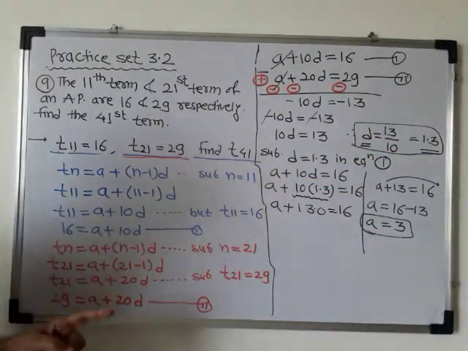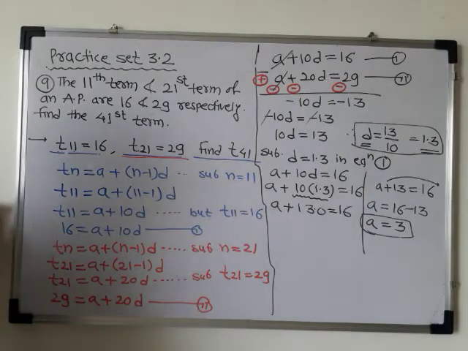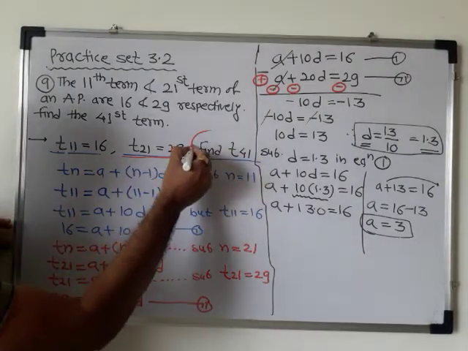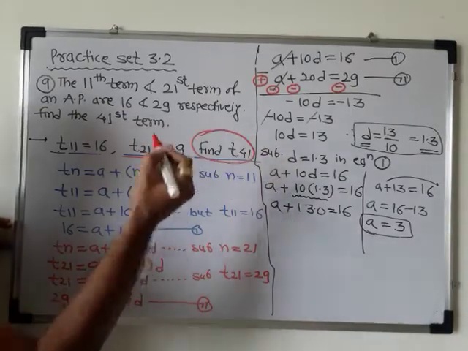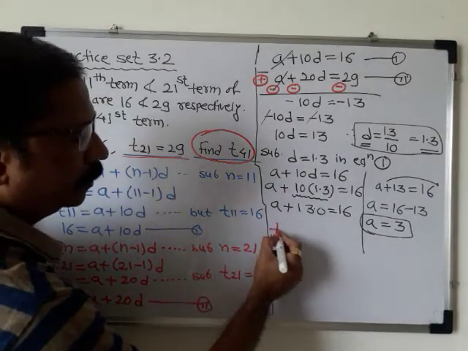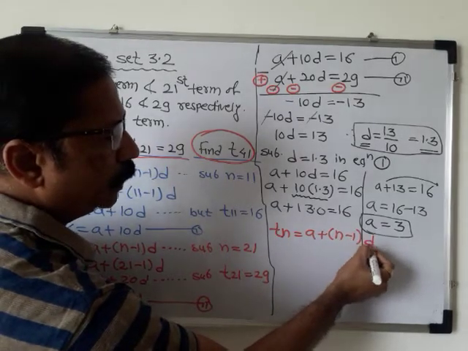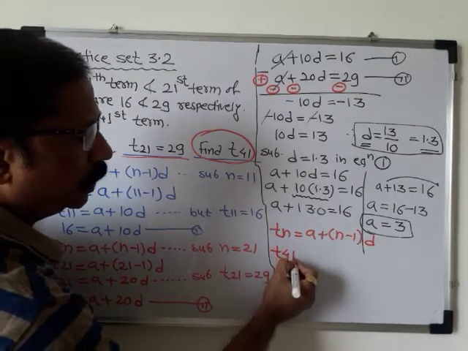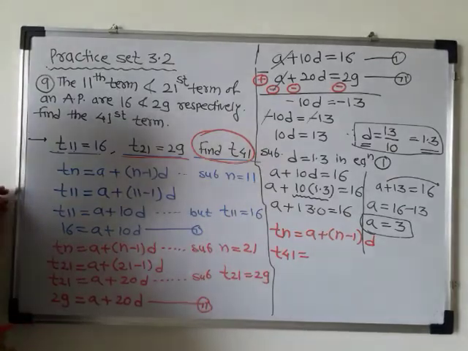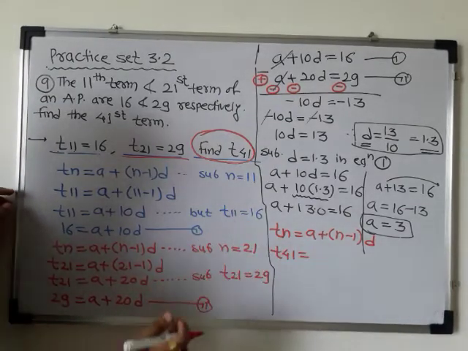And then just focus on our required thing. What you have to find? You have to find T41. Again formula of Tn. Tn is equal to a plus n minus 1 into d. And now substitute n is equal to 41, which is our required term.